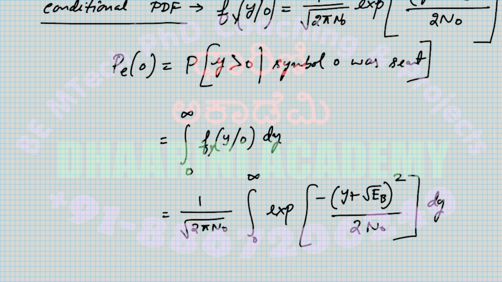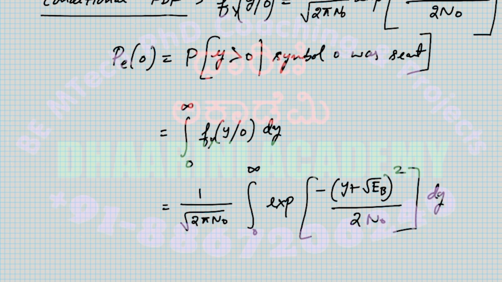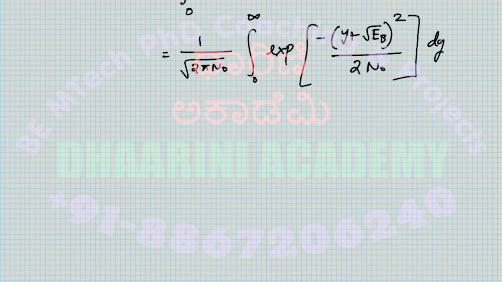So what should we substitute now? How to simplify this? We are going to make an assumption here, the same step as always. Put u equal to y plus root of Eb divided by root of 2n naught.